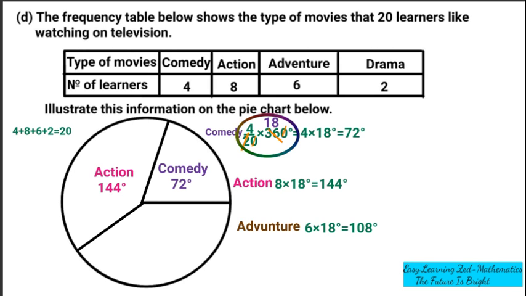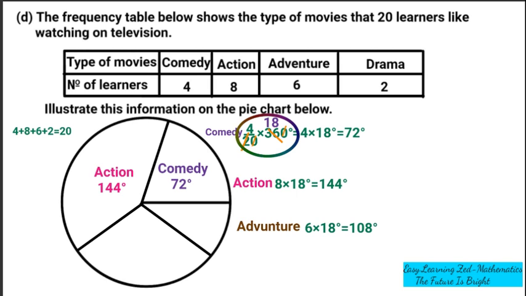That's where I'll put the one pointing at 72 degrees. That's where I'll put my protractor. Then I'm going to measure 108 degrees, which will land me here. Okay, 108 degrees, and that is for adventure.